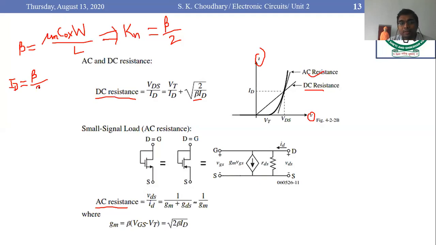So it is beta by 2 (VGS minus VT) whole square. Okay. So this is your ID. And what is the resistance? The formula of resistance is that DC resistance is VDS upon ID.